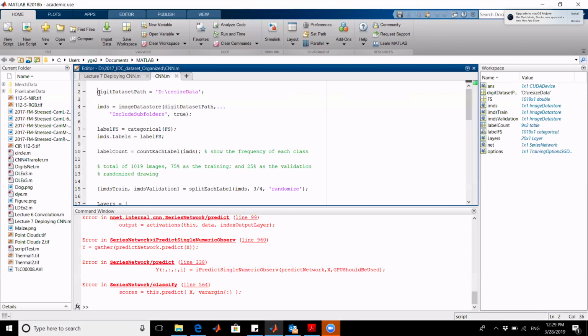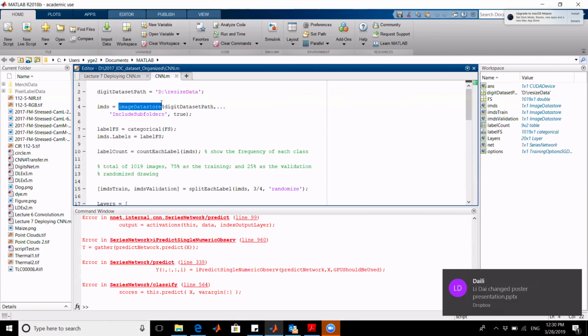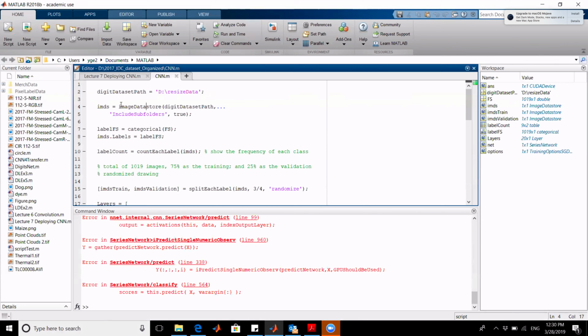So what MATLAB does is it has something called, remember when I gave you previous examples, we used imread. imread really is a function for reading the image from the disk. Here it didn't do that, right? It says imageDatastore. So imageDatastore is essentially a data file format that handles the CNN data sets.